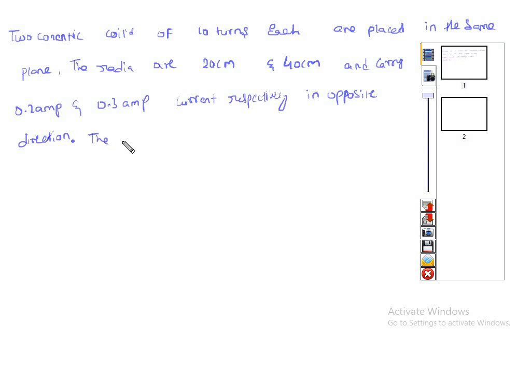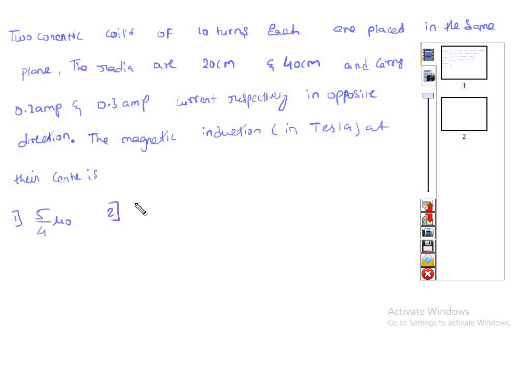The magnetic induction in Tesla at their center is, first option 5 by 4 mu naught, second option 3 by 4 mu naught, third option 9 by 4 mu naught, and the fourth option 7 by 4 mu naught.